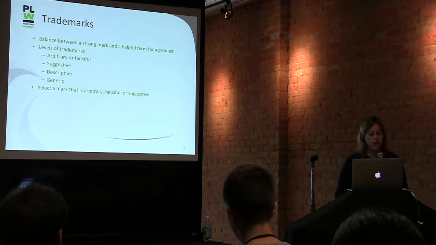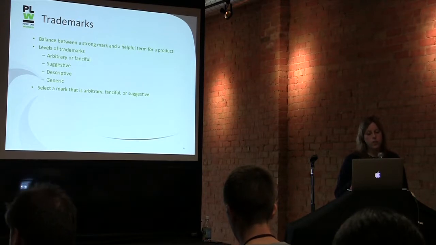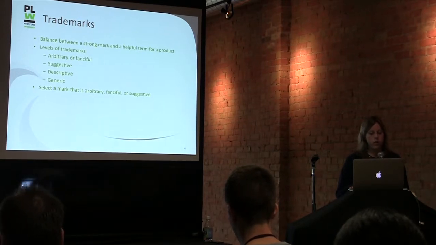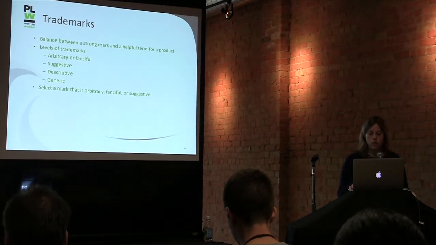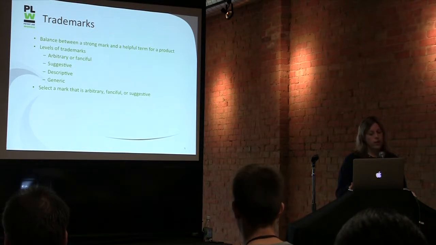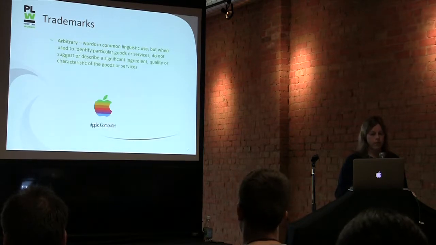However, that makes it weaker for trademarks, so we try to have this balance. So there are these different levels of trademarks. It goes from arbitrary or fanciful to generic. So you ideally want to select a mark that is arbitrary, fanciful, or suggestive, or else it can't even be trademarked.